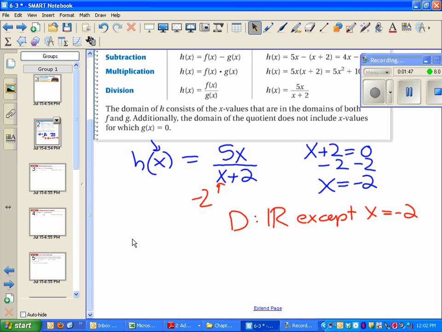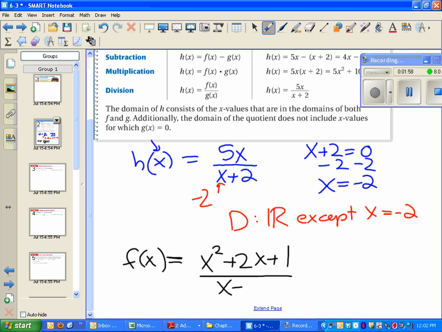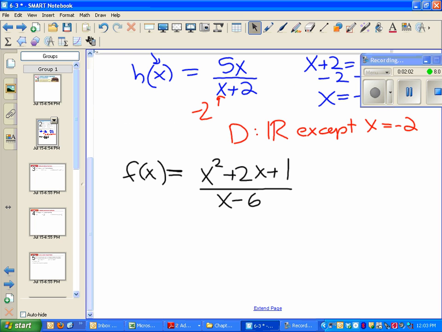Another example, just to clarify: if we had f of x equals x squared plus 2x plus 1 over x minus 6, again, I want to figure out what the domain is. I don't care about the numerator. That can be anything, because 0 divided by any number is just 0, but I can't divide by 0.